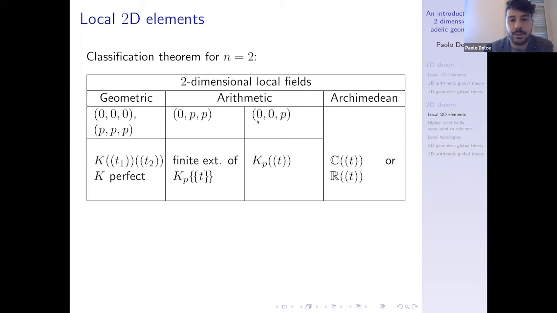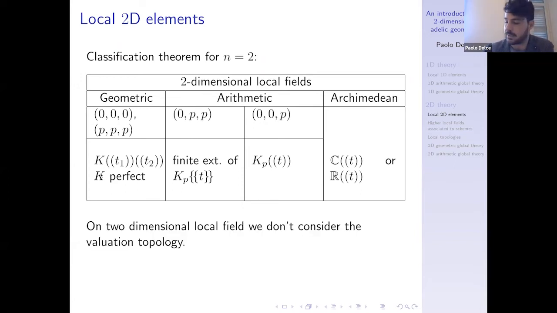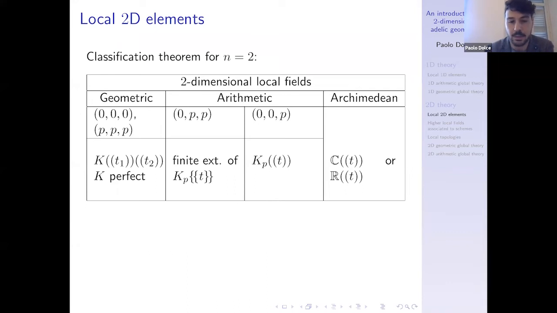Okay, so we have here, if you see my pointer, the trickiest one because it's mixed characteristic. So now we'll describe these fields, and one of them is a field that maybe you don't know, and I will have to explain. The first case, we have double Laurent power series, where the base field is perfect, and this is okay.